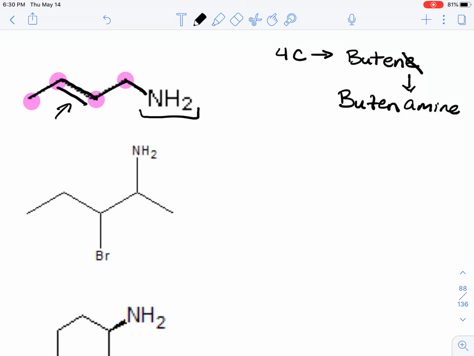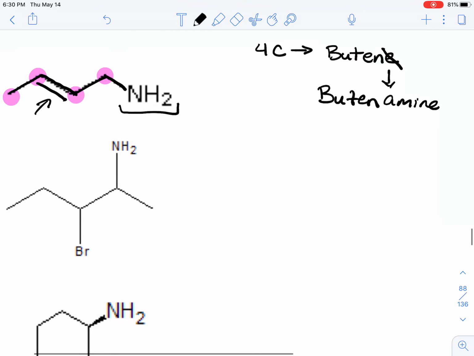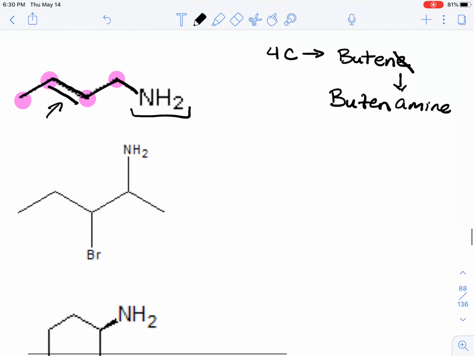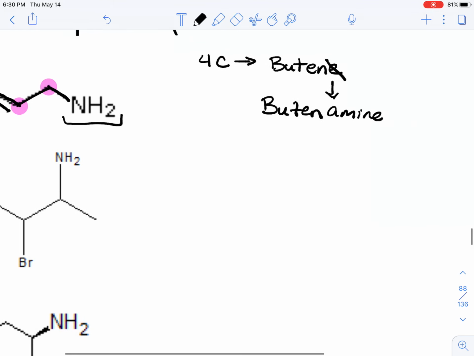Now I have to communicate to the reader what carbon number that double bond starts at and what carbon number that amine is bonded to. And so since I have two things to describe all on the parent chain, I'm going to separate out this amine from the en.